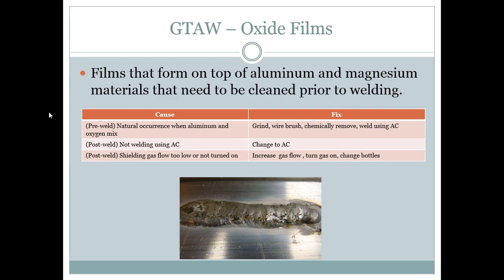Couple of the fixes that they talk about obviously are clean your metal, change to AC if you're not using AC for aluminum. Some of you probably tried this and you know that you get a picture like the one shown. And also be attentive to the shielding gas you're using, the type of shielding gas and how much shielding gas flow.